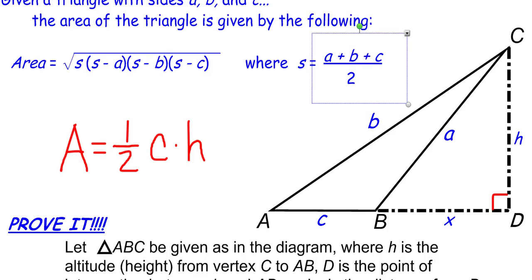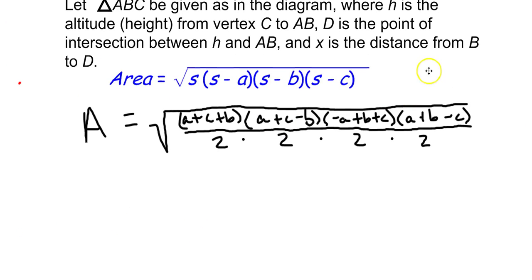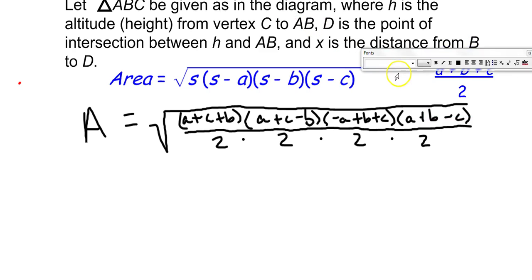Maybe I'll copy that down here. A plus B plus C, and that's S. Alright? So S is A plus B plus C over 2.